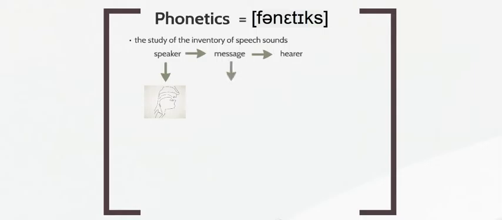Then the message is communicated from the mouth and sounds are transmitted through the sound waves. And from the sound waves to the hearer, sounds are perceived by the ear and decoded by the brain. And this whole process involves the three different complementary perspectives that correspond to these elements of communication.